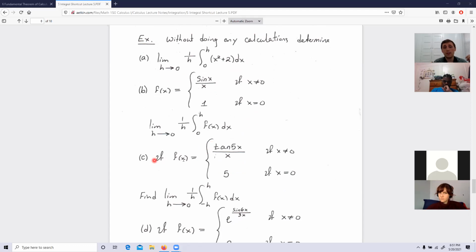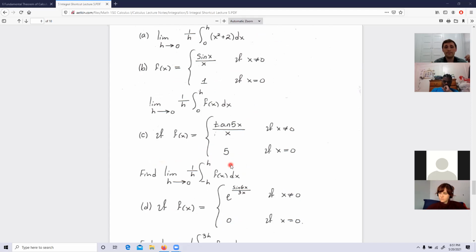Could you help me with the limit number C, guys? What is the answer now for C? And notice, be careful, guys. Look at the interval from minus h to h, with 1 over h.